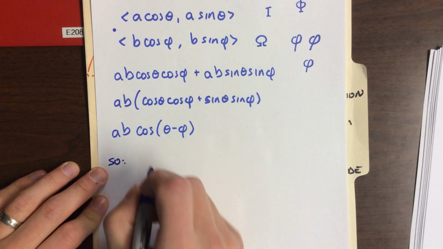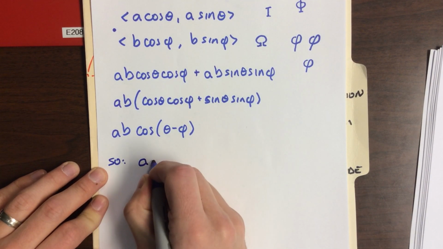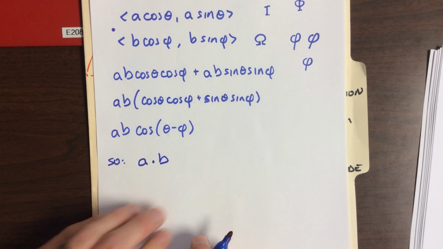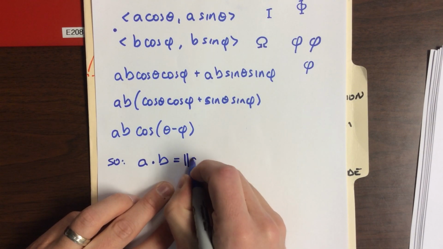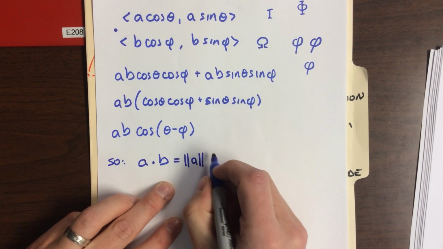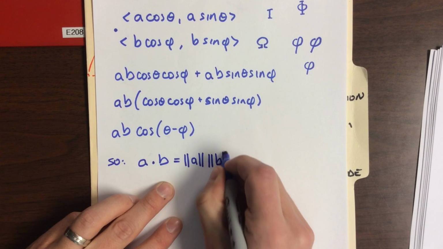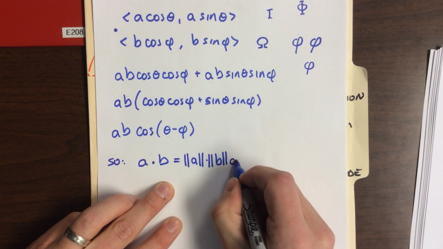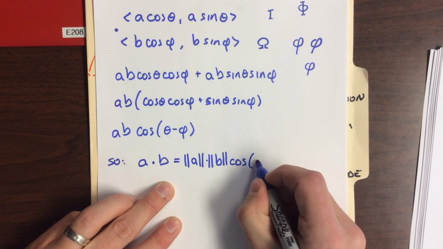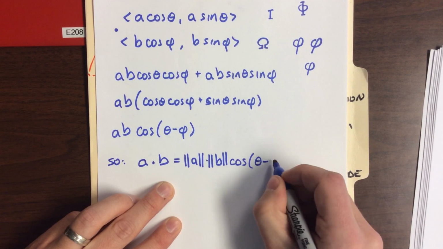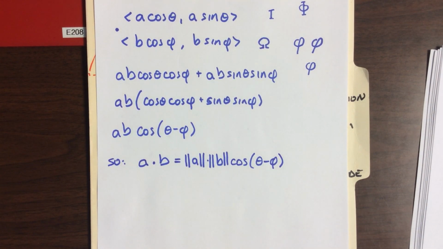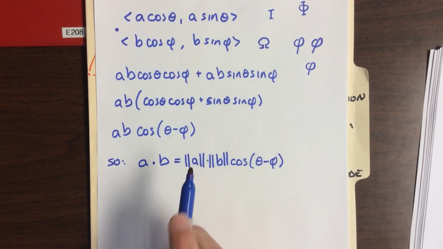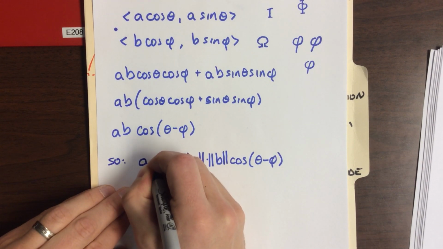So, if we have A dot B, that is the magnitude of A times the magnitude of B, cosine of the difference of the angles. That's multiplication, dot product.